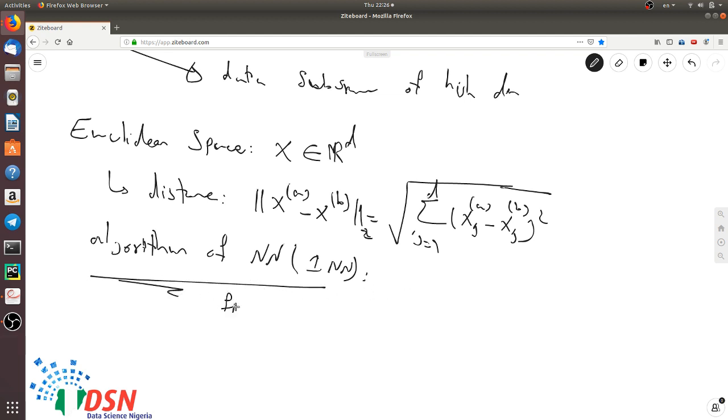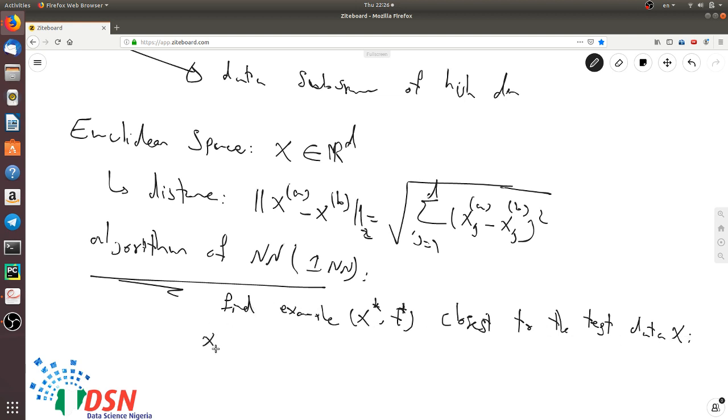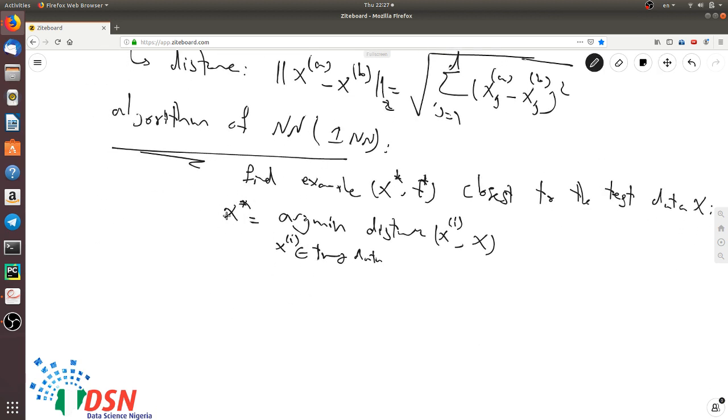First, you find the example X star and T star that is closest to the test data, let's call it X. In other words, X star is the argument of the minimum, over all xi's in the training data, of the distance to the test data X. After finding this, we know X star and its value.